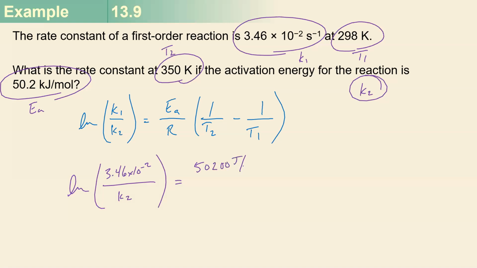Again, you could do it either way, convert R to kilojoules or convert your activation energy to joules, but one of those two has to be done. All right, my second temperature, 350. My first temperature, 298. So, do a little algebra. When you're done, tell me what k2 is equal to.